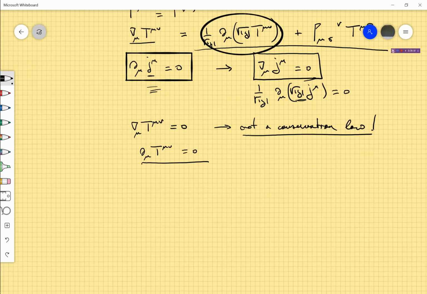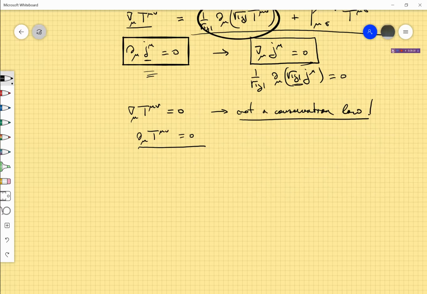Okay, next property, which is no longer related to this particular property of the connection that can be expressed through the square root of the determinant of the metric, is what are the Bianchi identities when we work with this Levi-Civita connection.